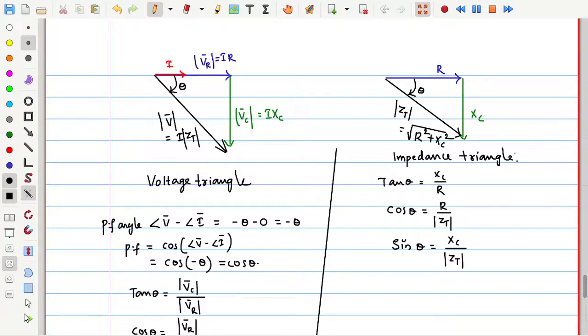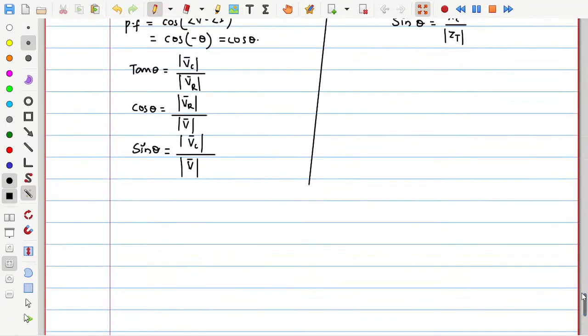Now let us take one more problem, which illustrates this concept about the RC circuit.